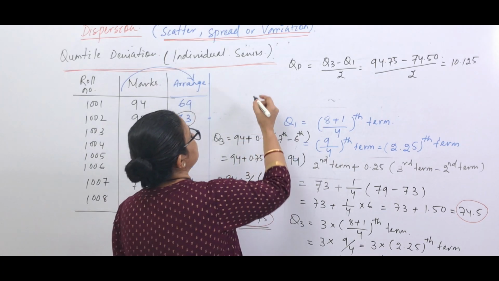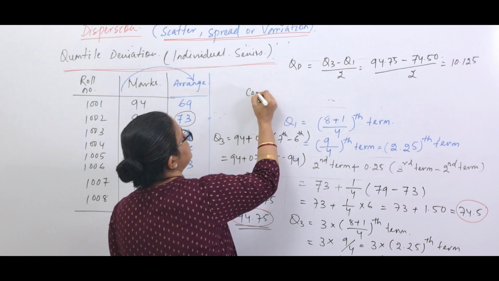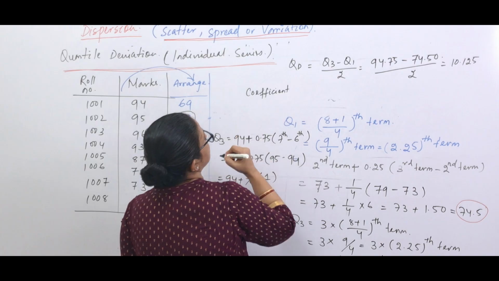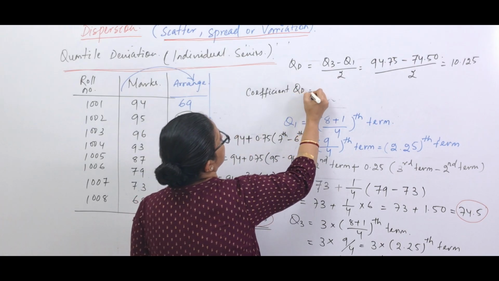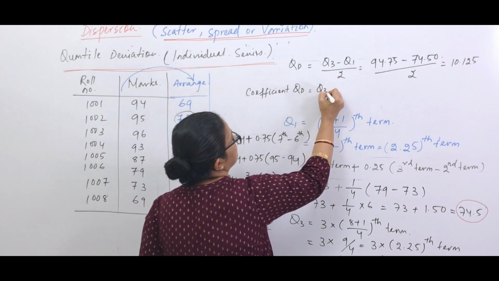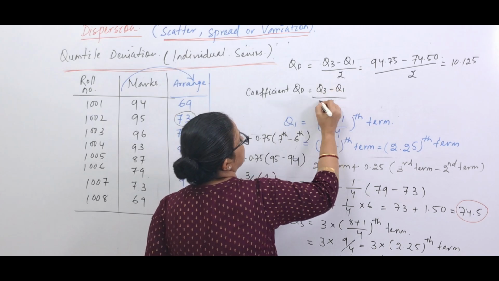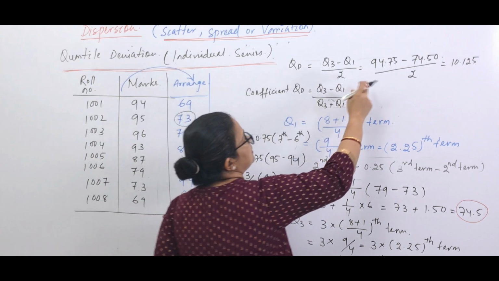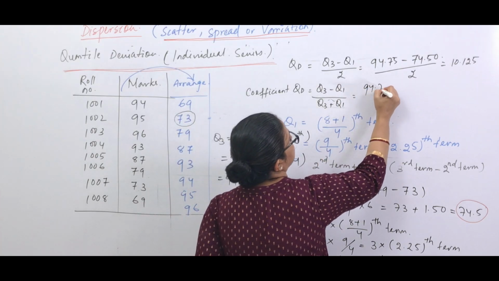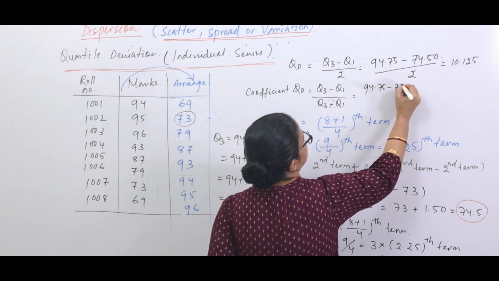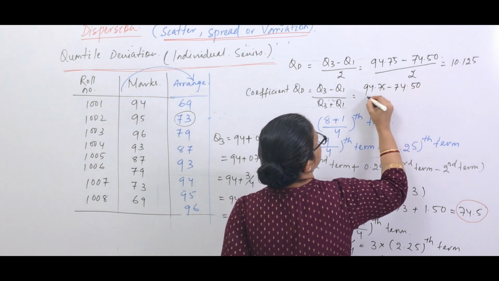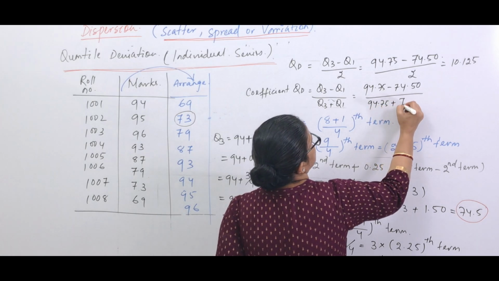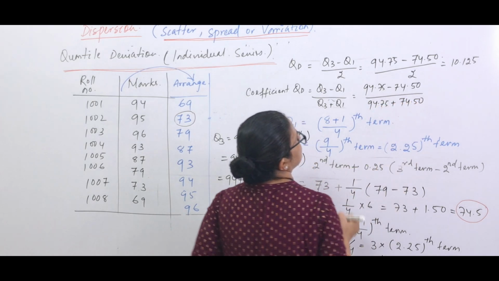So to calculate the coefficient of quartile deviation, it is equal to Q3 minus Q1 by Q3 plus Q1, which is equal to 94.75 minus 74.50 divided by 94.75 plus 74.5.